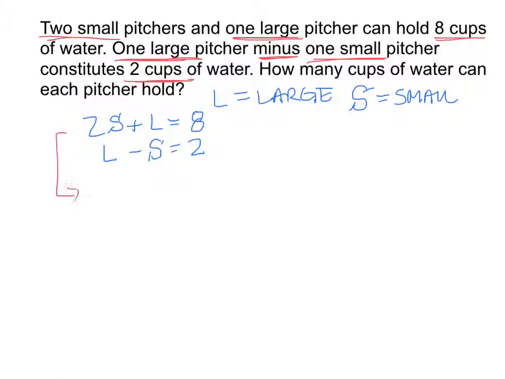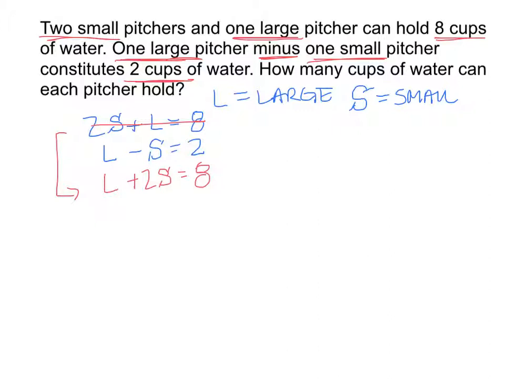I'm going to switch this first one around. That way I have large plus 2 smalls equals 8. And that's the system I'm going to set up. Do you see how the larges all match up, the smalls all match up, and then the results all match up? That's what we would do if we were solving using elimination too. So it's something that you're already familiar with.